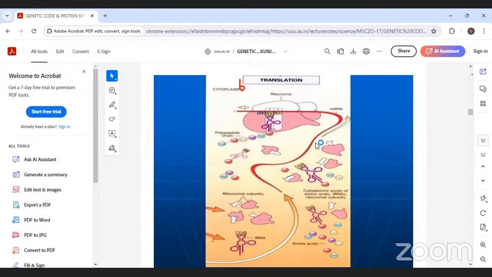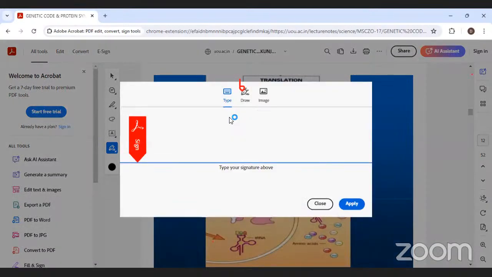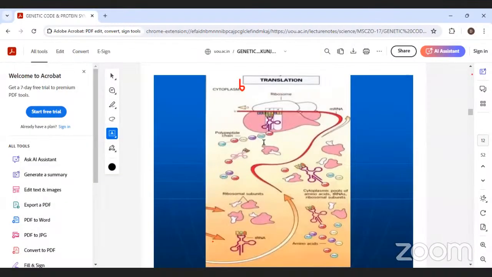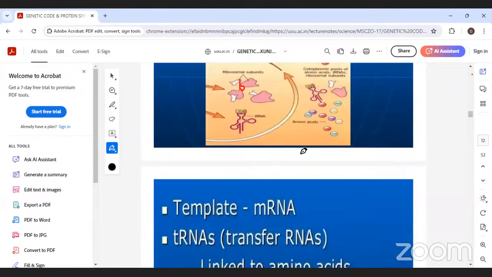This one is the mRNA, and these are all the tRNAs.